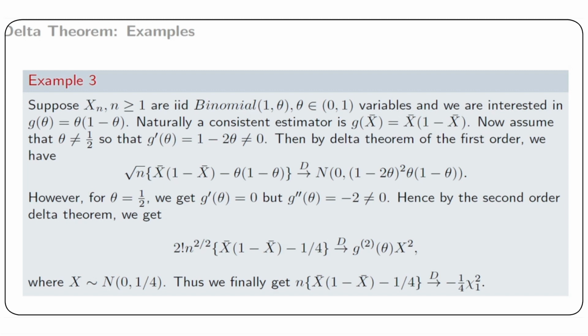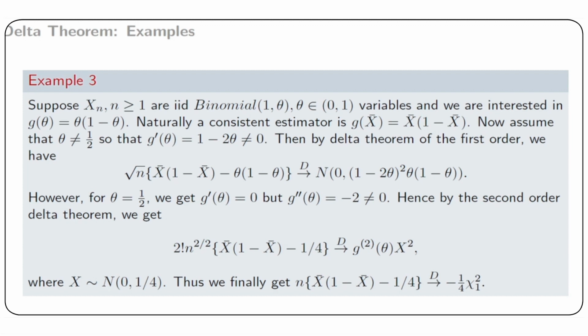So, using the second order delta theorem, we find that 2 factorial multiplied by n to the power 2 by 2 into (X bar(1 minus X bar) minus 1 by 4) converges in distribution to a random variable which is X square multiplied by the second derivative of g at theta, where X has a normal distribution with mean 0 and variance 1 by 4.